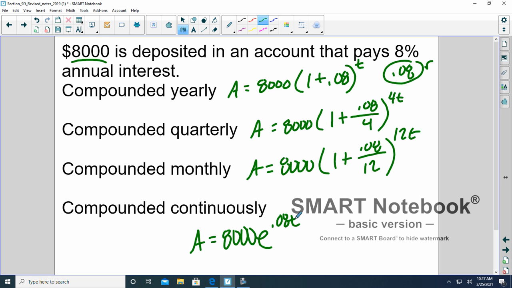They will all come very close to the same values. Compounded once a year versus compounded continuously versus quarterly or monthly, it will all be about the same thing.